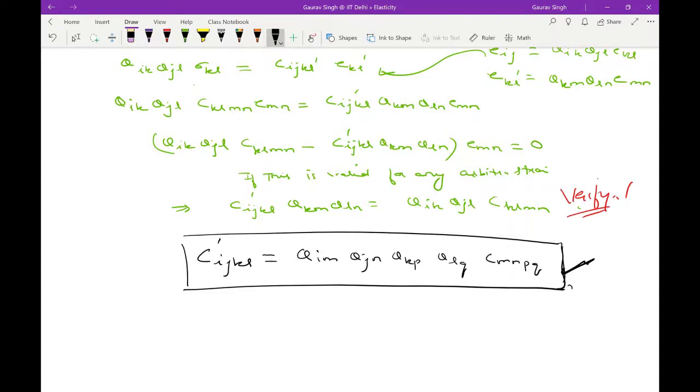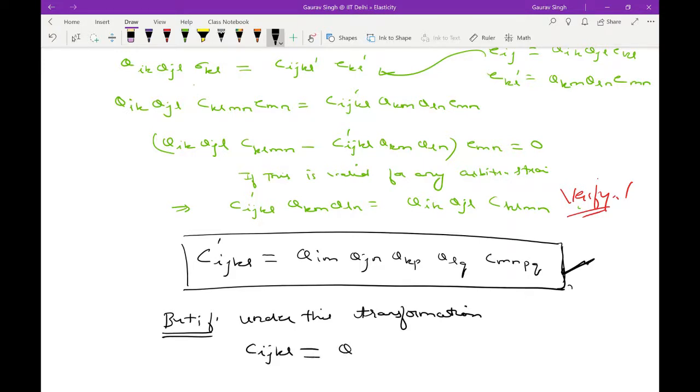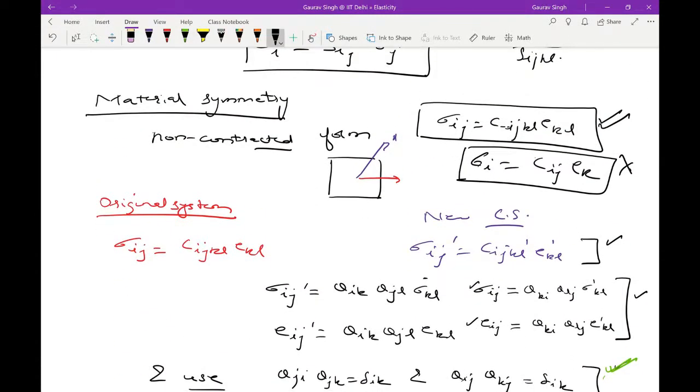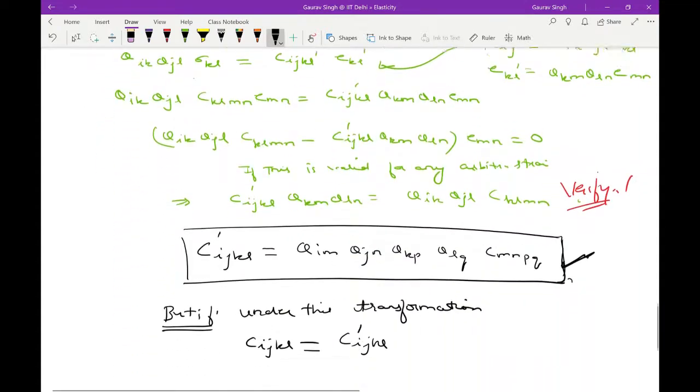But if under this transformation Cijkl is equal to Cijkl dash, meaning the response along the red direction and the purple direction are the same under this transformation, then Cijkl will be the same as Cijkl dash.